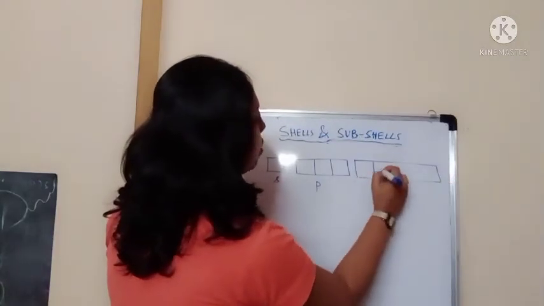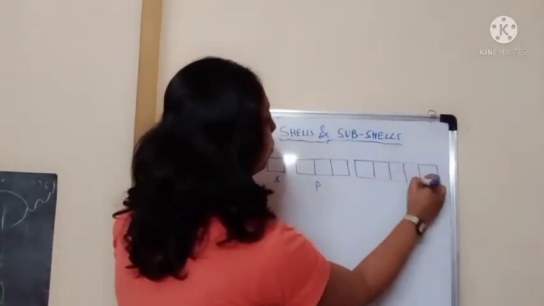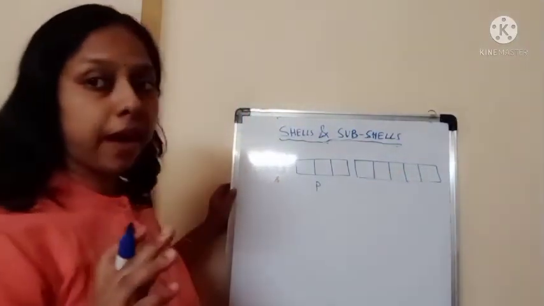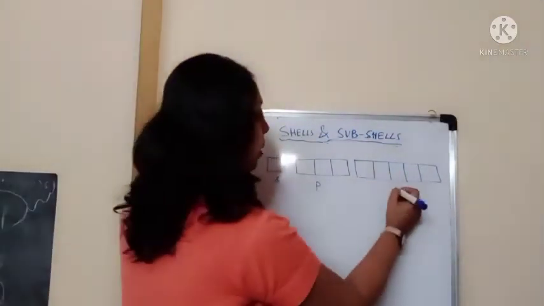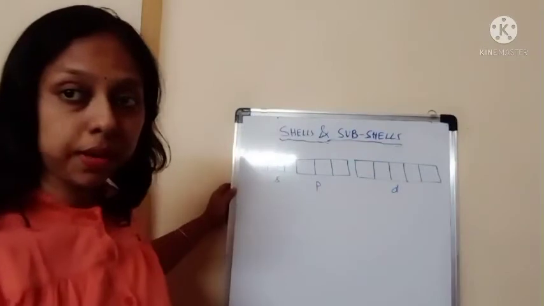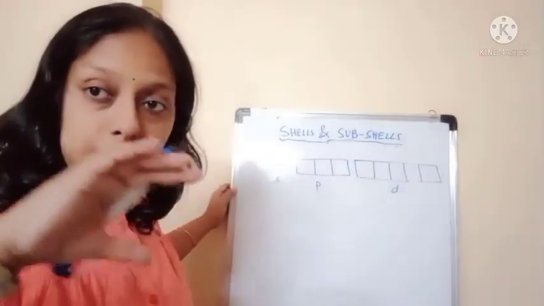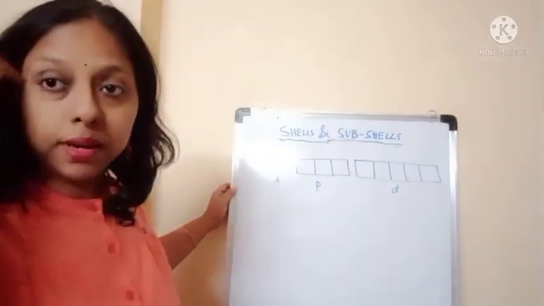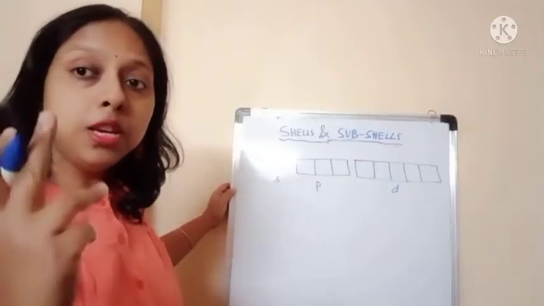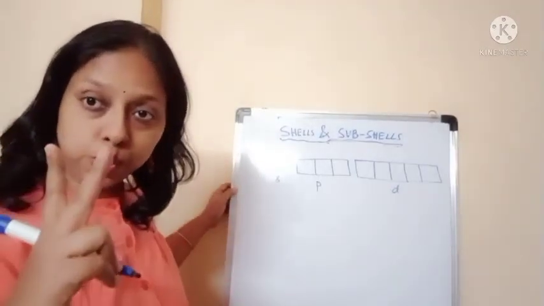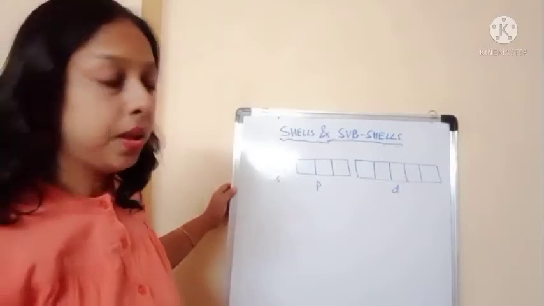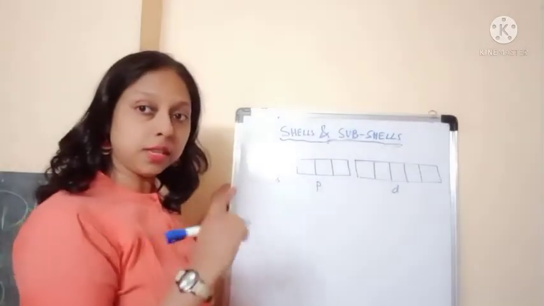For d orbitals there are 5 types, so we show 5 compartments. Remember, each of these compartments can hold 2 electrons at a time, so the maximum number of electrons in it is 2.